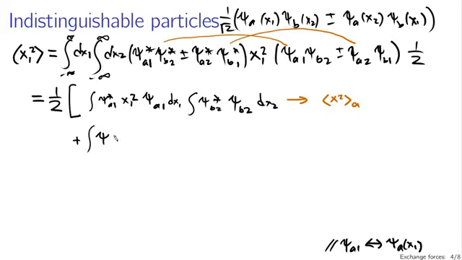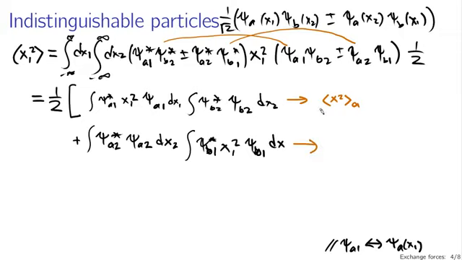And my integral with respect to x2 now is psi A2 star times psi A2. Still dealing with x1, so now my psi A doesn't have any x2 or x1 in it, and this is now my integral dx2. My integral dx1 now has my psi B's in it, so I've got psi B1 star x1 squared psi B1, integral dx1. So this is my second term, and it evaluates to the expected value of x squared in the state B.